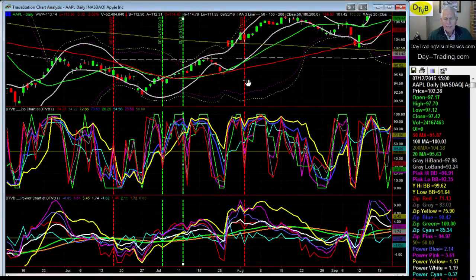The other red line that I have over here, the red vertical line on the right, is a classic red spike. It has zip yellow high, at 83, almost 84, and the zip red is at 22.